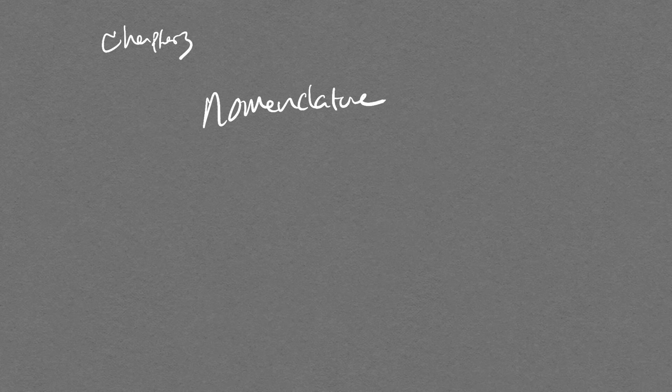So nomenclature was a pretty big deal, and we looked at the different ways of naming things. For nomenclature, you had your alkane roots, which were the methyl, ethyl, propyl, all that sort of stuff. We discussed the origins of the naming of the alkanes.